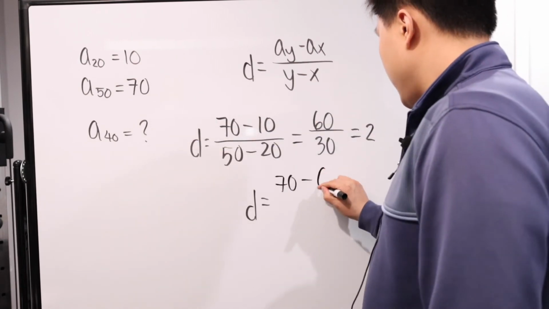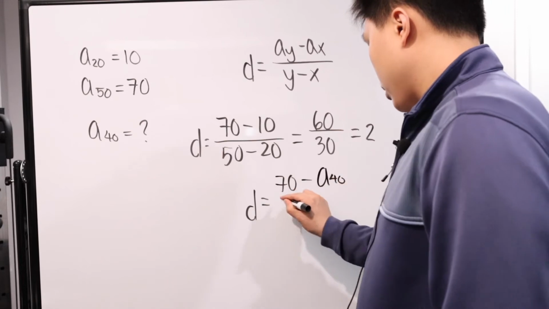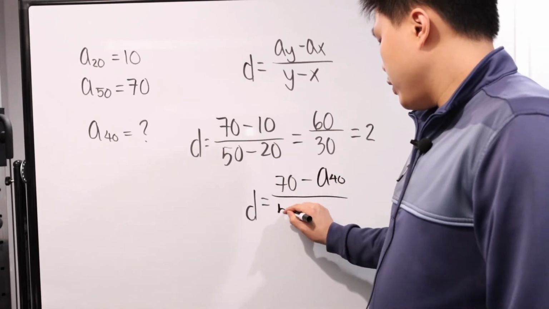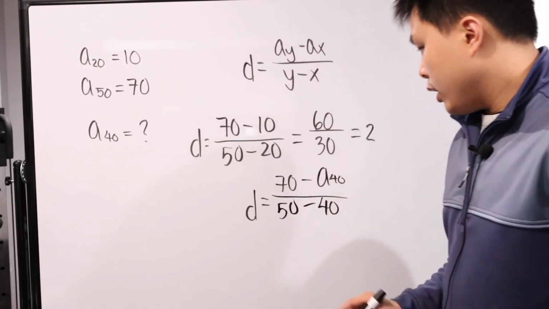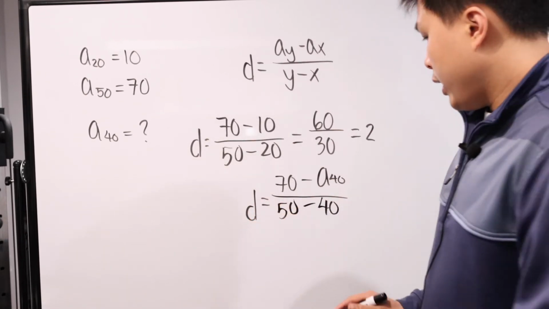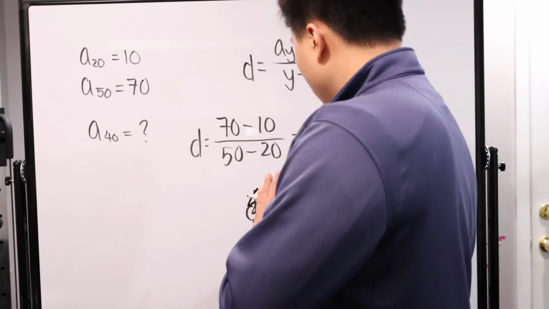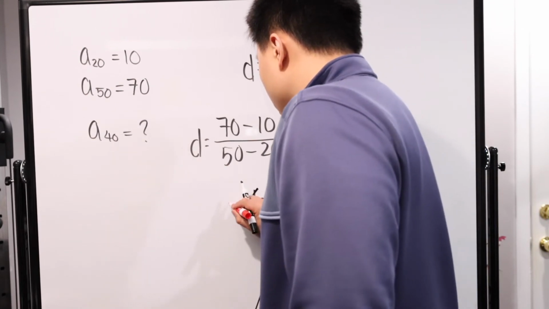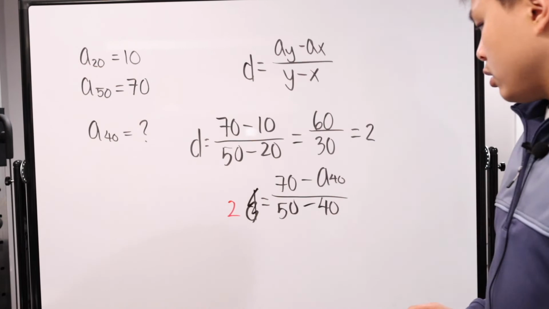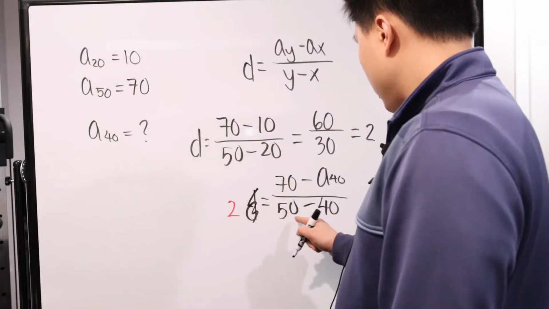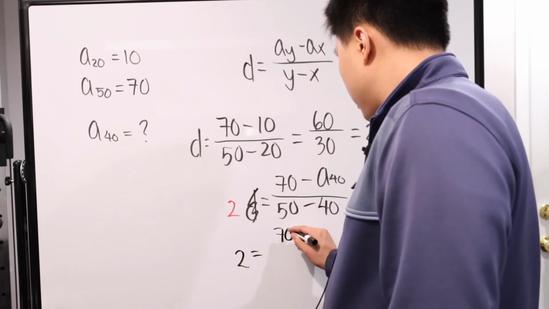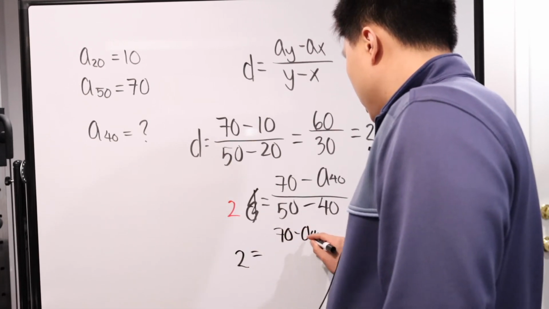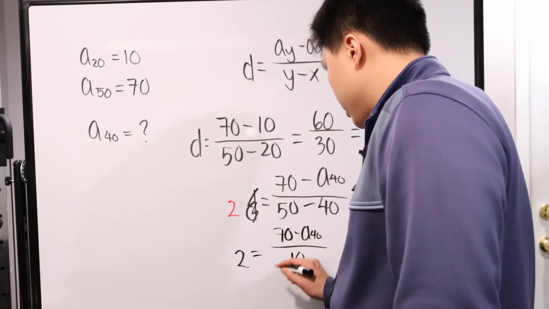So we're going to keep it as a sub 40 because we don't know what that is and we're looking for that. Well, we know that that's our 50th term, and a sub 40 is our 40th term, so we're going to subtract those. And instead of d, now we know what d is, and that is 2. Excellent. All right, cool. So that means 2 equals 70 minus a sub 40 all over 10.